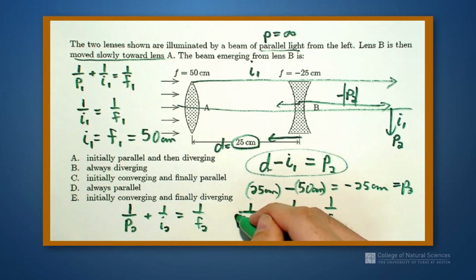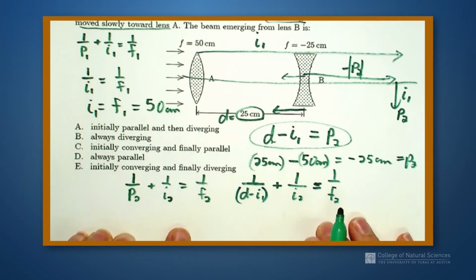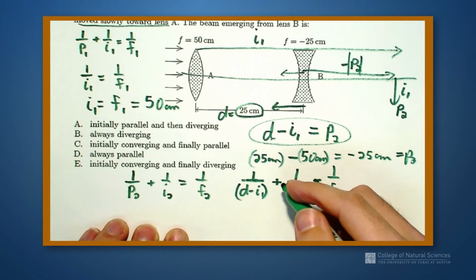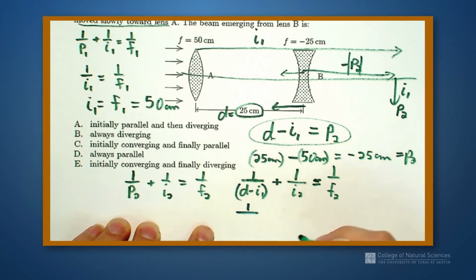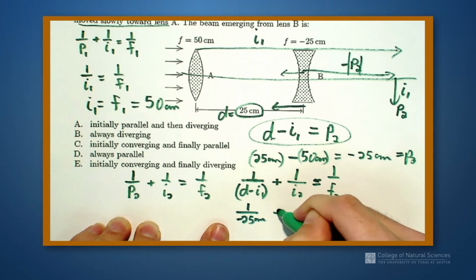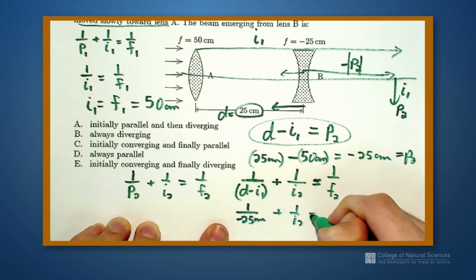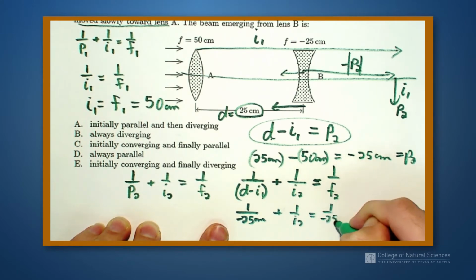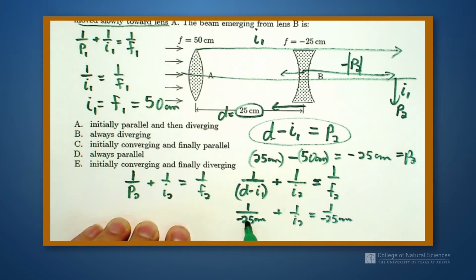So if I plug in the numbers, let's slide everything up so we can see what we're doing. So this is going to be 1 over negative 25 centimeters plus 1 over I2 is equal to 1 over minus 25 centimeters. 1 over minus 25 and 1 over minus 25 cancel out, and that leaves me with originally I2 being at infinity. 1 over I2 is 0, so I2 has to be infinitely large.